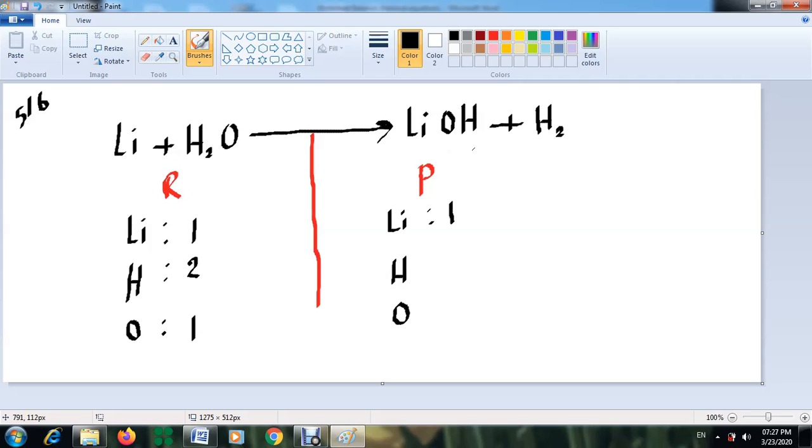And for hydrogen, we have hydrogen in lithium hydroxide, so one hydrogen atom, and also we have another hydrogen, two hydrogen atoms. So the number of hydrogen atoms in the product, we have 1 and 2, we have 3.